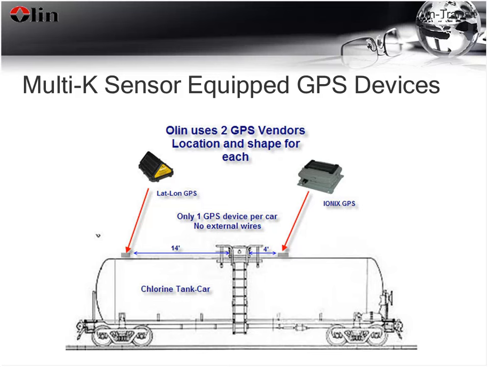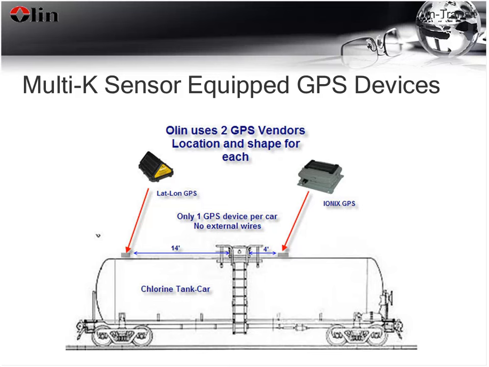So a car can be struck on either end. Ideally, having the GPS positioned in the center of the car may be the best way to ensure that you equally detect impacts from both ends. However, with any decision, there's a trade-off, and the reason for the distance difference in our Lat-Lon units is they contain cameras, and we wanted a wider angle of view so that we could see the platform and the ladder really well.